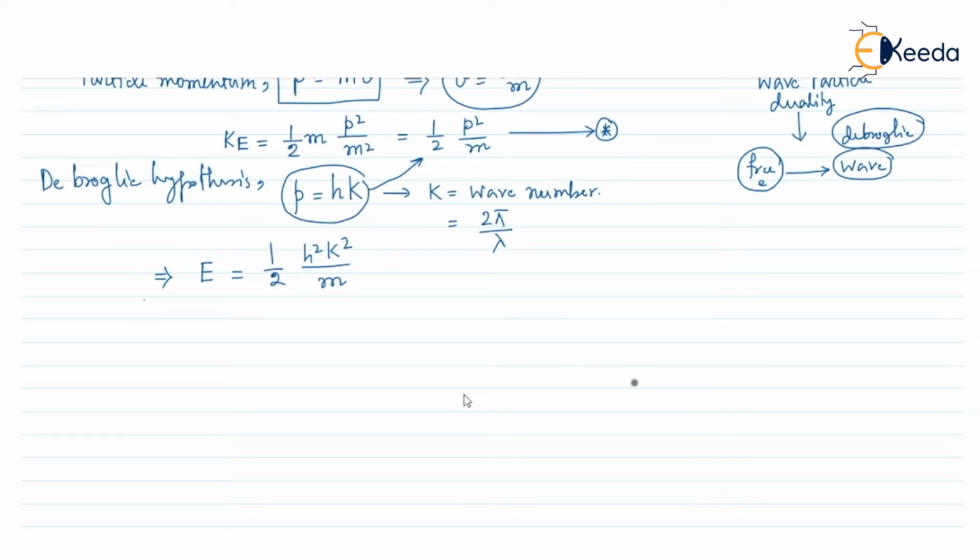So if we rearrange this equation, the kinetic energy E will be ħ²k²/2m. This is the equation of the kinetic energy of the charge carriers in terms of the wave number. This wave number is sometimes also called the propagation constant.